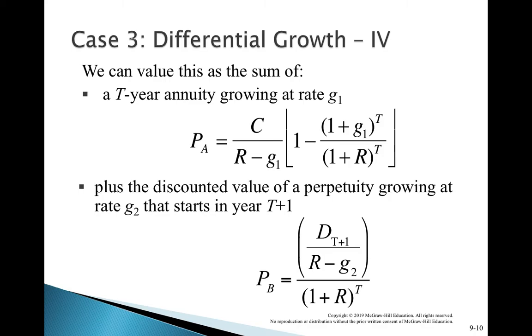The annuity present value is already given, but the second stage is not the present value. So we have to divide by (1 plus R) to the power 3. If it is 5 years, then first 5 years you have to calculate the annuity. For the 6th year, you have to calculate the second stage through perpetuity: D6 divided by R minus G2, divided by (1 plus R) to the power 5.